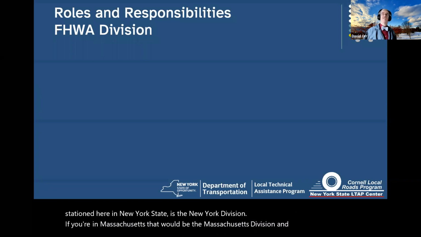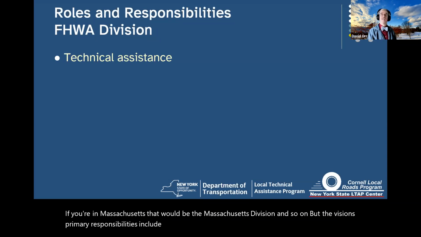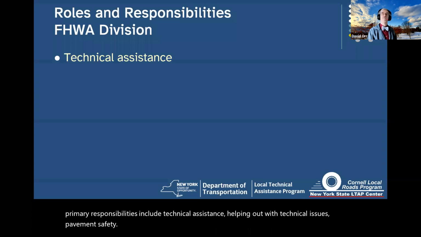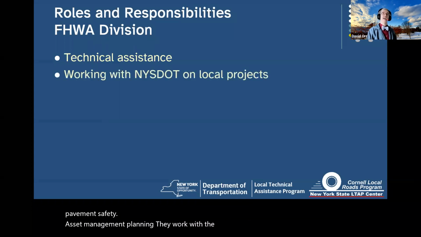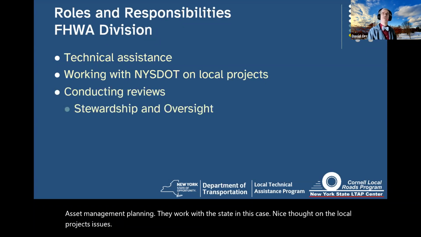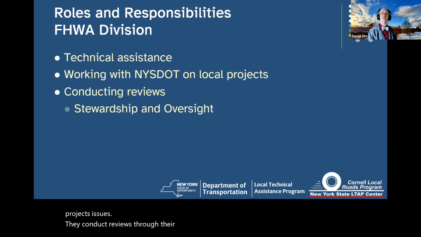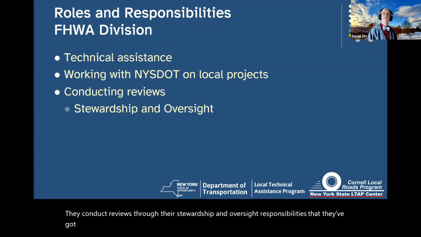But the division's primary responsibilities include technical assistance, helping out with technical issues, pavement safety, asset management, planning. They work with the state, in this case NYSDOT, on the local projects issues. They conduct reviews through their stewardship and oversight responsibilities that they've got. But this is mostly at the division level unless they need to bring in a specialist.